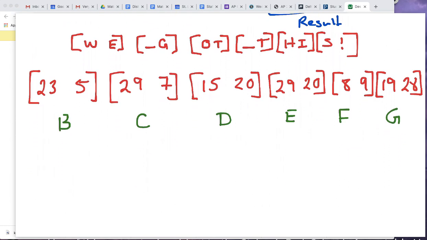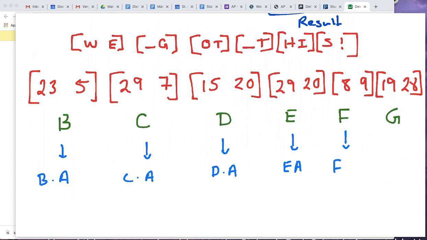And that's going to be our coded version of it. So we're going to go down here and take B times A, C times A, D times A, E times A, F times A, and then finally G times A.